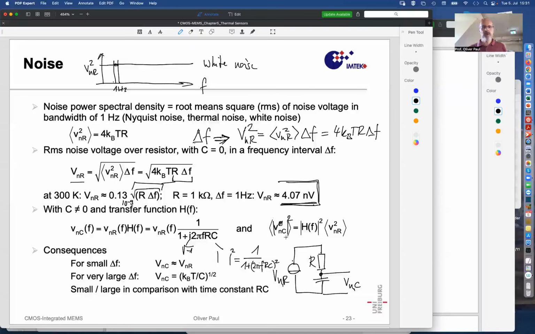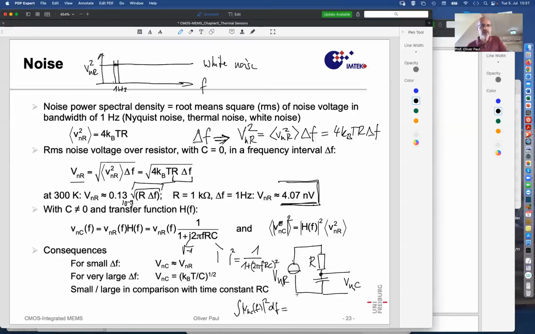And if I would like to know what is the sum of all the squared voltages, the integral of all the squared voltages over all frequencies, what I will do, I will integrate V_C as a function of frequency squared over all frequencies.